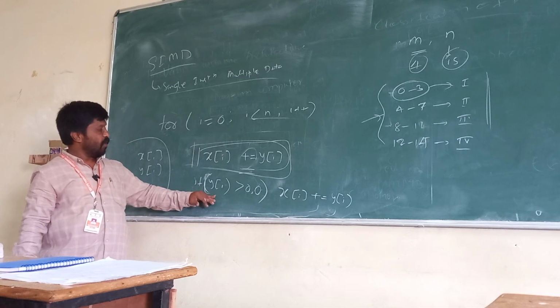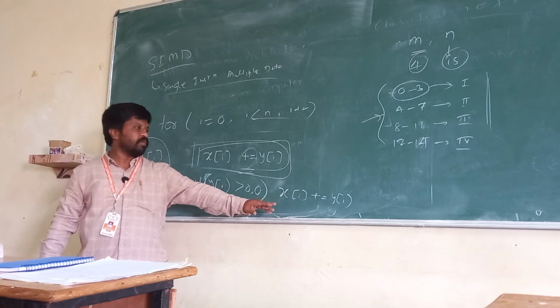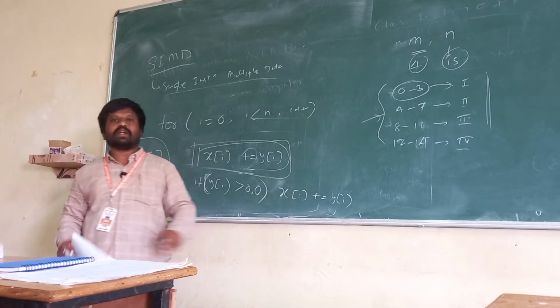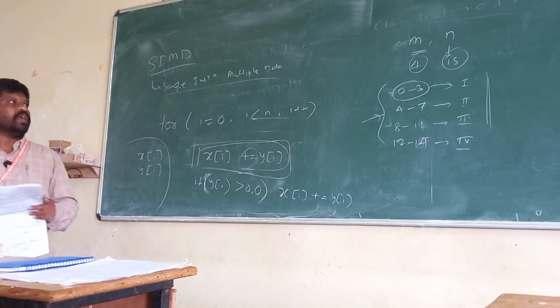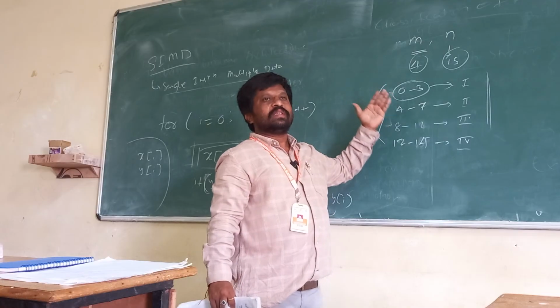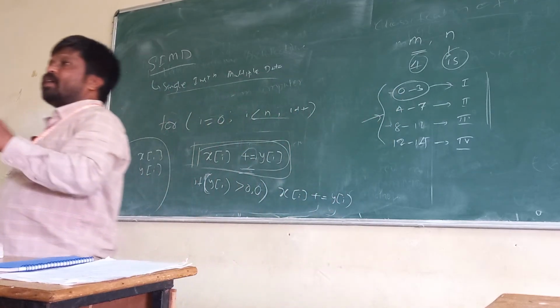If y of i is greater than 0, then only you send the elements from the y array to the x array. This we call vector addition. We are making parallelism by sending with only one condition, that is, a single instruction, multiple data. We are sending multiple data on a single instruction.